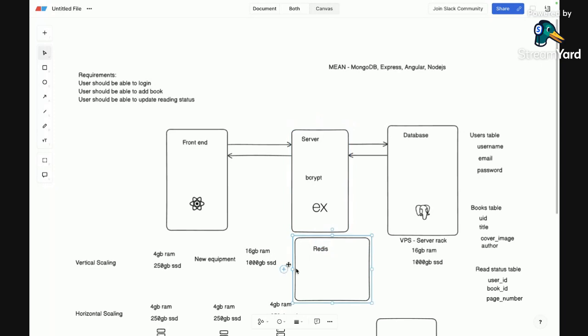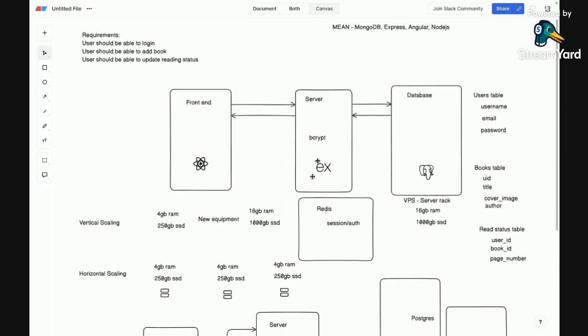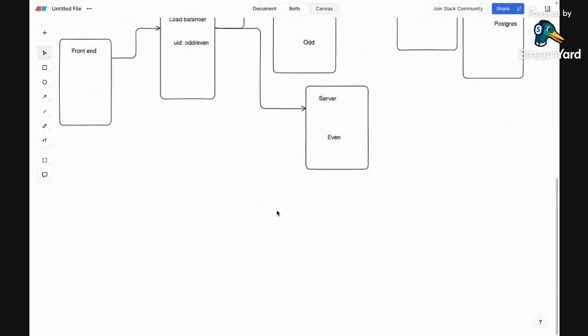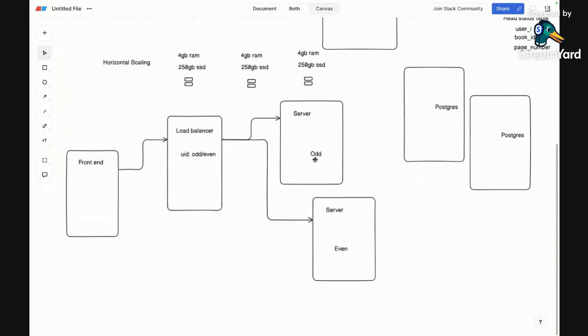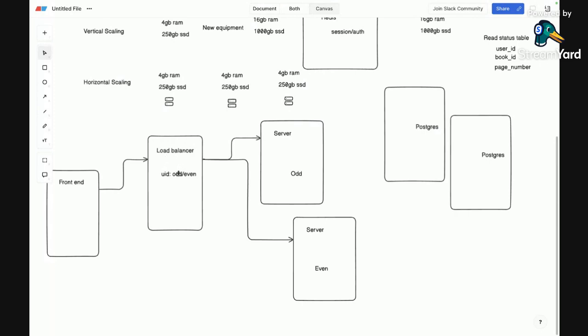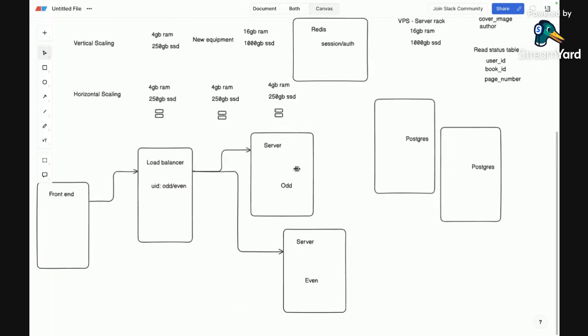So usually there will be something like Redis to handle the session or authentication part. Every time the server gets a request, it takes it from here and uses it. So we have a load balancer here, the server is split, and everything is good now.